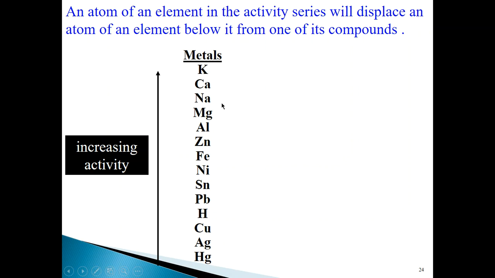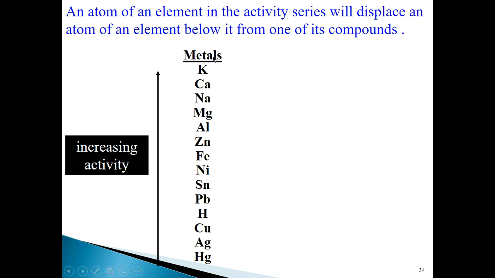Now, the utility of this series is that you can predict how certain reactions will take place where these elements are involved. Based on this rule of thumb right here, an atom of an element in the activity series will displace an atom of an element below it from one of its compounds, right?